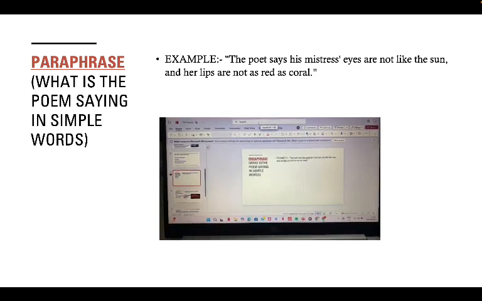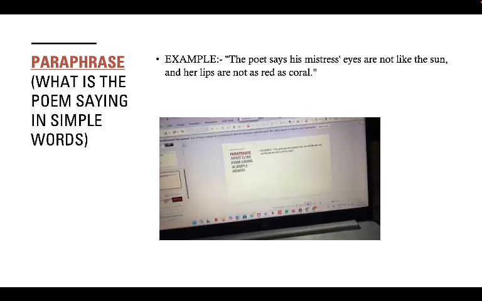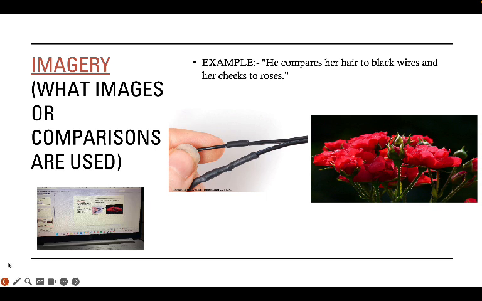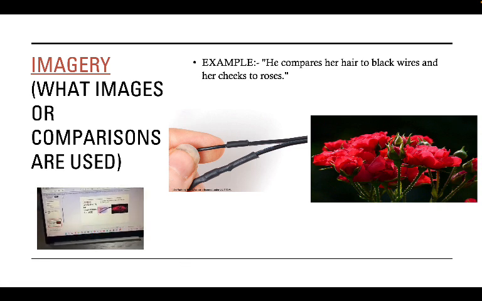There is an example for you that I have written. After P, we have I, which is imagery, and here you have to think which pictures or comparisons do you see in the poem, or what images or comparisons are used. And I have an example provided for you guys here.